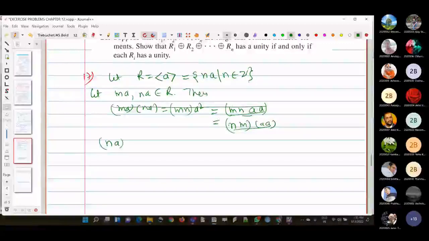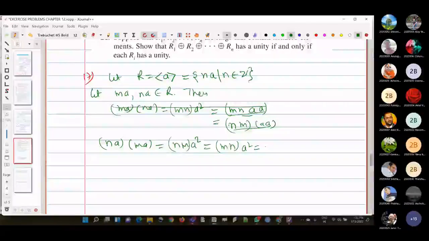Let us take na and ma, and this we can write as nm a squared, because n and m are integers, so we can write mn a squared. And in view of that result, we can write it as m times a and n times a. So na and ma equals ma na. So it is commutative.